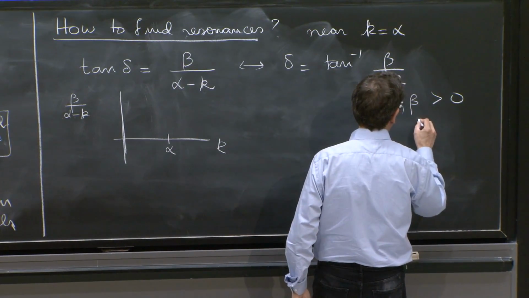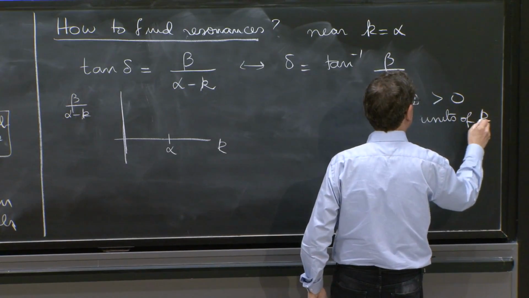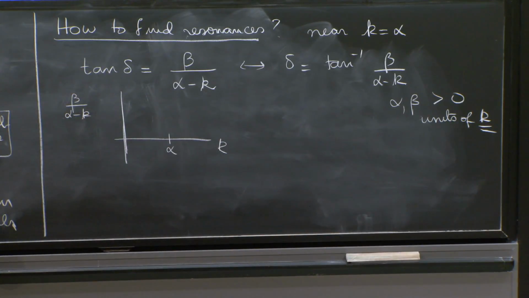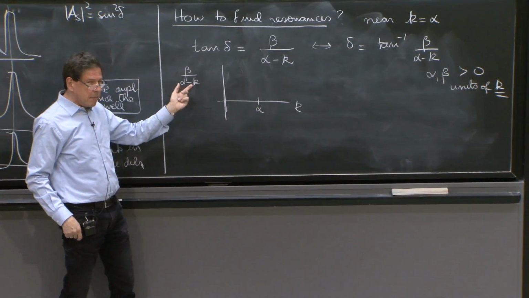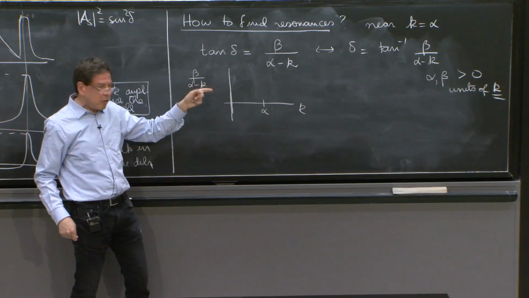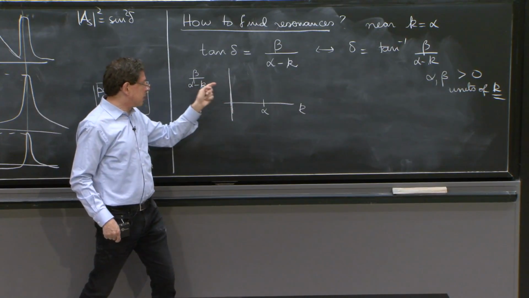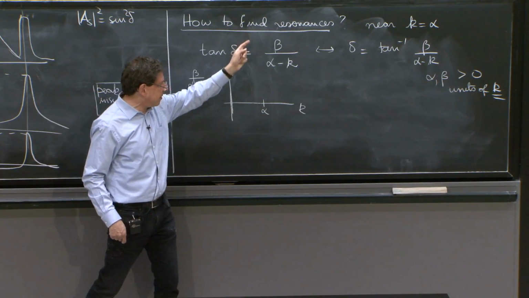They both have units of k. And when k is less than alpha, you begin here, then this denominator is positive, the numerator is positive, the ratio is positive. Is small, maybe, and then suddenly when k reaches alpha, it goes to infinity.